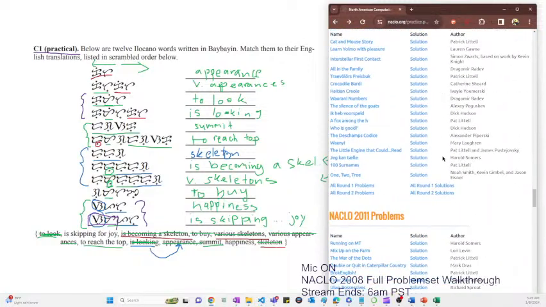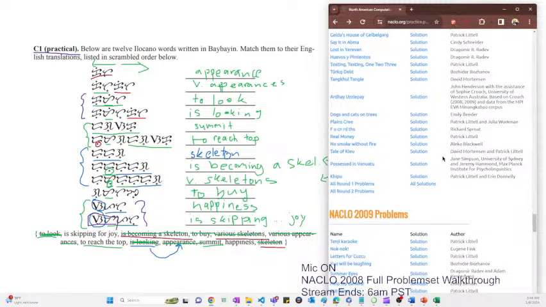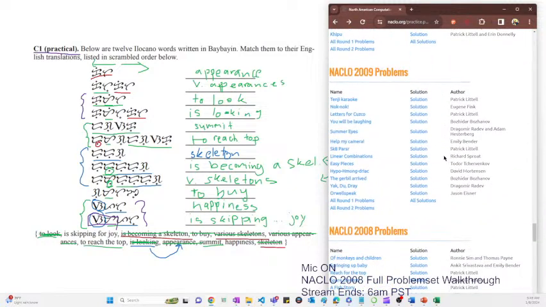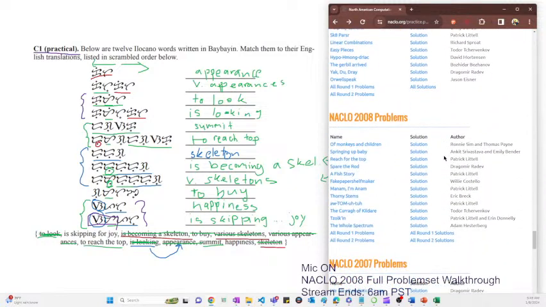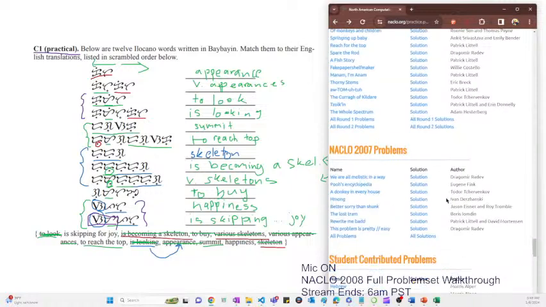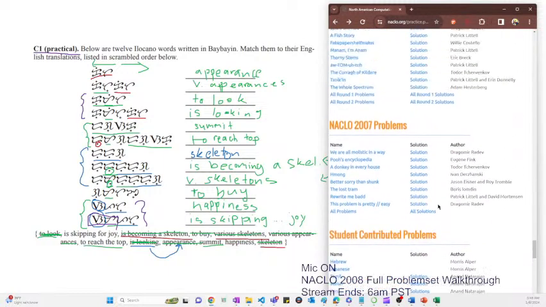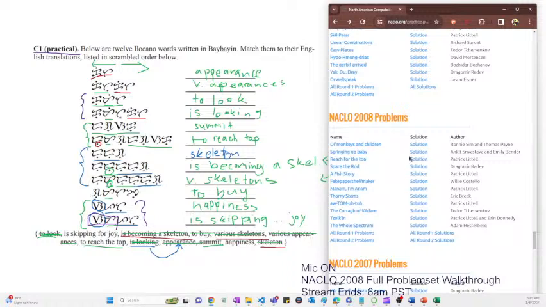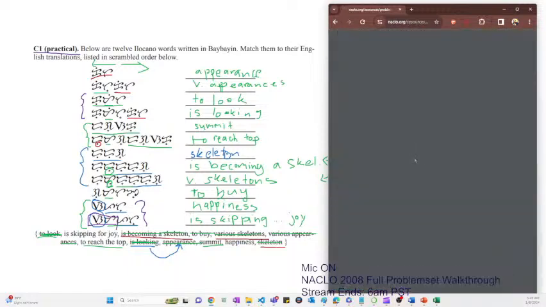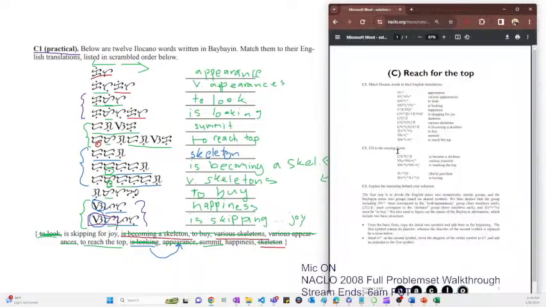My current study strategy is, I started from 2022, because I started prepping for NACLO 2023 last year, so I downloaded a bunch of problems. But I wasn't able to get started on it, unfortunately. Reach for the top. Yeah, that's it. I think that's it.